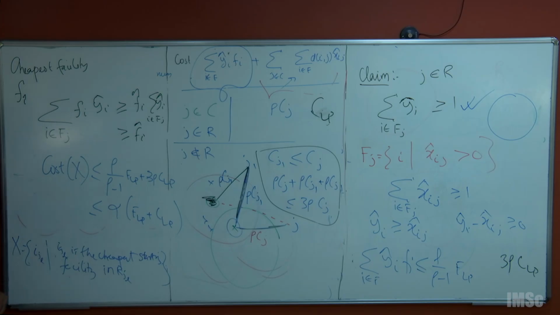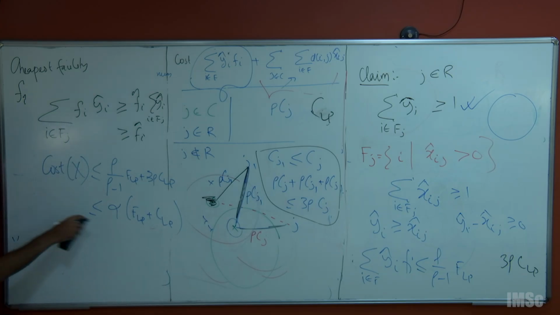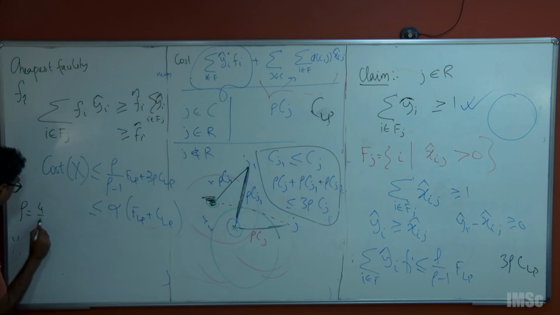That's it. So now we should do some backtracking to do this. I want to show this because that is what the cost function is. So if you do some maths, let's substitute rho equal to 4 by 3.